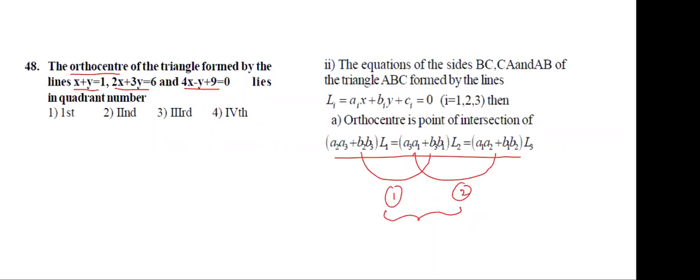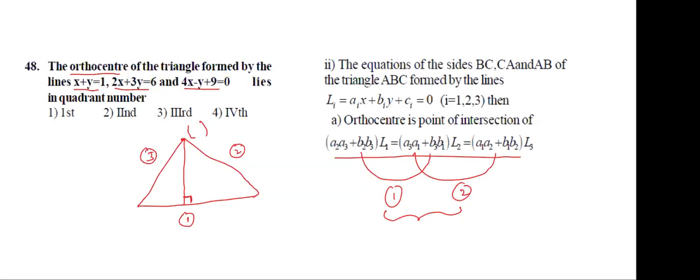Okay. Or go to another method. You already know that. So here three lines are given. Take this as the first one, second, and this is the third. By solving 2 and 3, you will get this vertex. Then the altitude is perpendicular to side 1 and passes through this vertex.